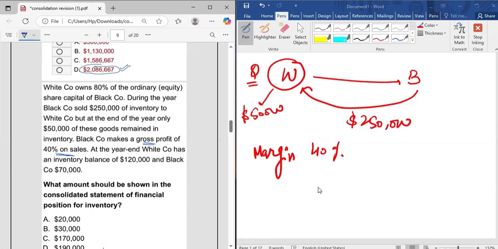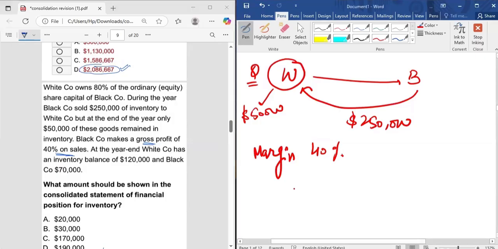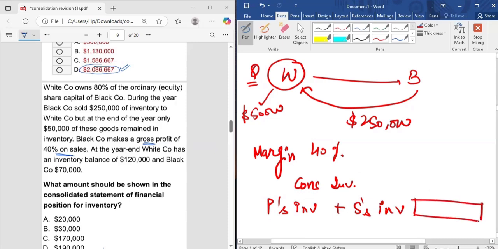So see, when we are taking the consolidated inventory, in this case, I will take the entire inventory of my parent company and I'll add to this the subsidiary company's inventory, right? So I'll get the total inventory. But in this case, there is some intra-group transaction, a transaction between the same group, from one pocket to another pocket.